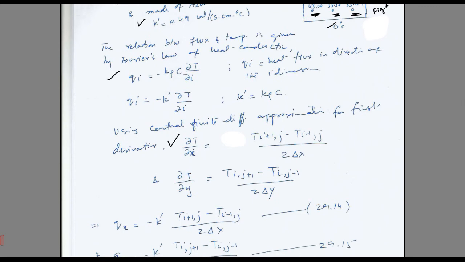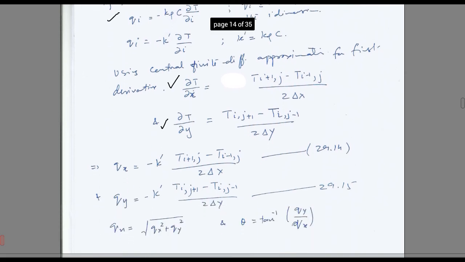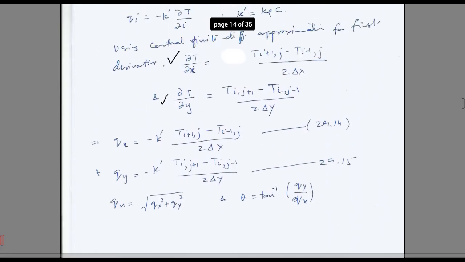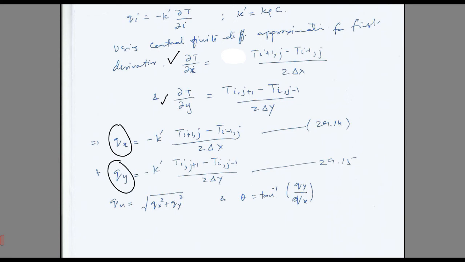We have the first-order derivative with respect to x given by this, and with respect to y given like this. So the heat flux will be calculated for both the x and y directions, and the resultant qn will be calculated by the root of qx squared plus qy squared, and theta equals tan inverse of qy by qx.